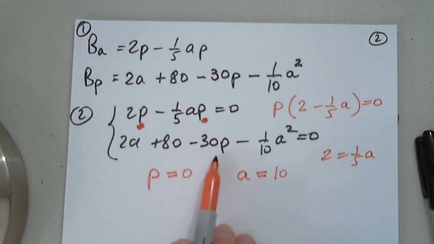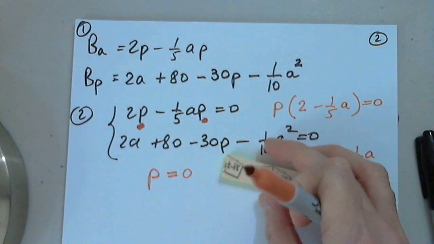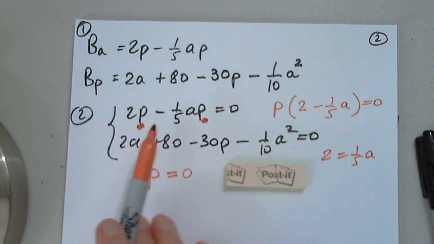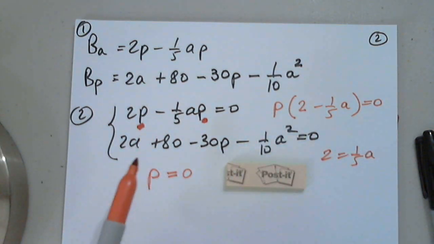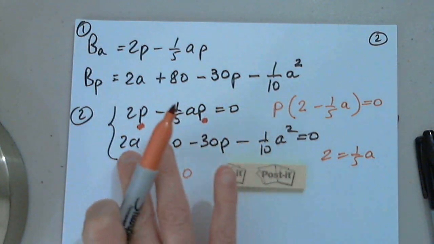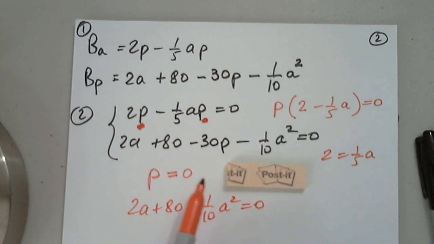I have to go back to the second equation and see what happens when P is 0. This has to wait for a minute. So one option from the first equation is that P equals 0. Okay, so let's see what happens when P is 0 here. This goes away, but I still have 2a plus 80 minus 1/10 a squared equals 0. So I will multiply both sides by 10 to eliminate fractions.